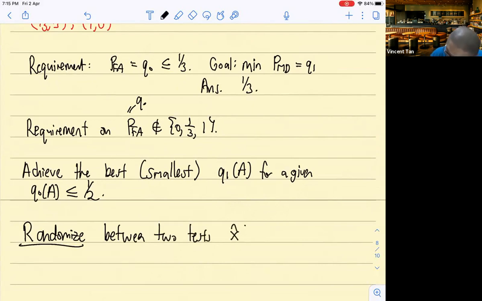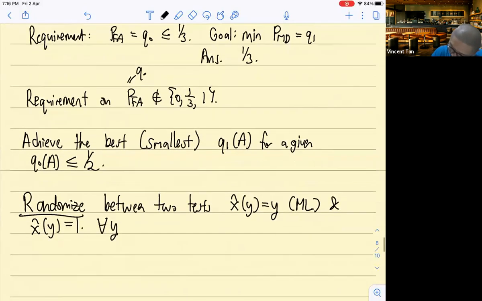Okay, that is x hat of y equals y. This is the ML test, and the test x hat of y, which is always equal to 1 for all y. Now this one here uses the operating point 1/3, 1/3.